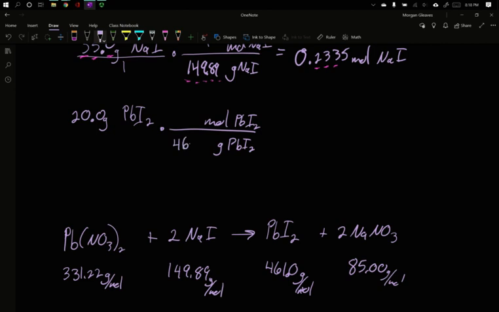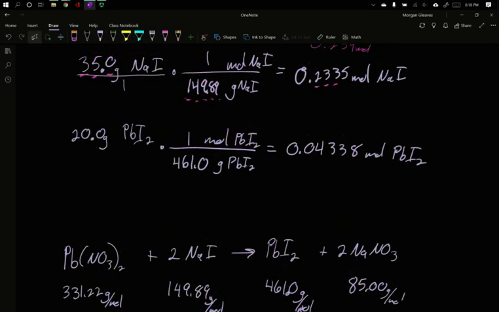So it's 461.0 grams in 1 mole for 0.04338 mole of lead 2 iodide. So the weights were fairly similar, not too far off, but the moles are wildly different. That's because our molecular masses were so different. And so we don't have nearly as much lead iodide as we had sodium iodide.